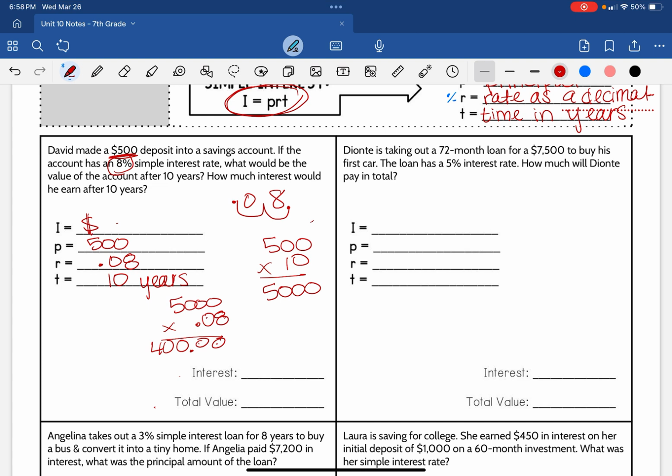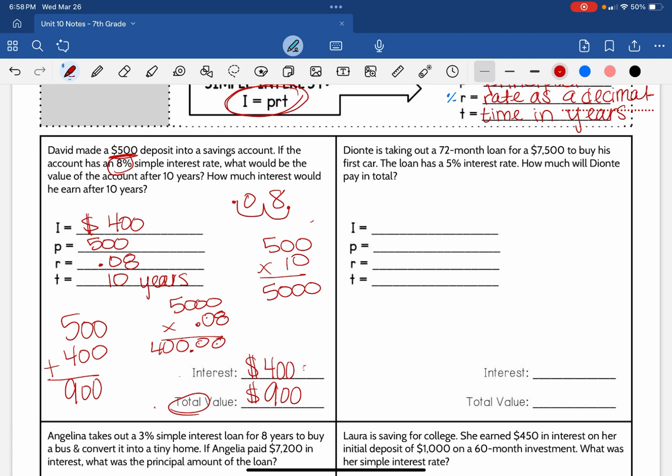I have interest of $400. But they also want to know the total. So remember, total means add. So I'm going to take this interest and add it back to my principal. So I had a principal of 500, I have an interest of 400. If I add these together, I'm going to get a total of $900.